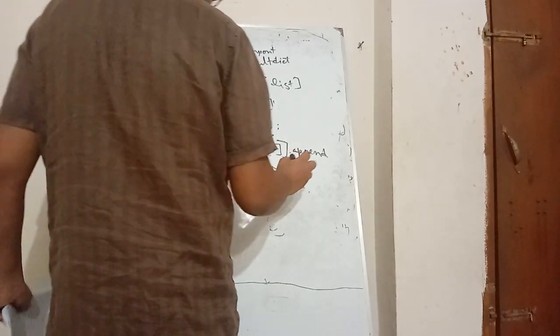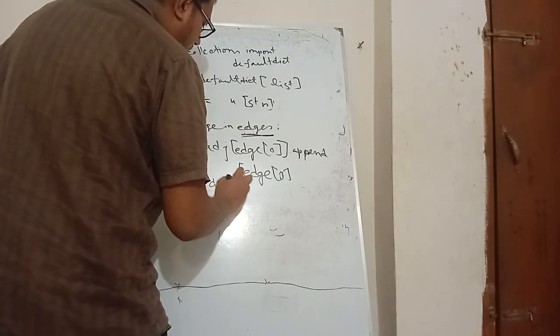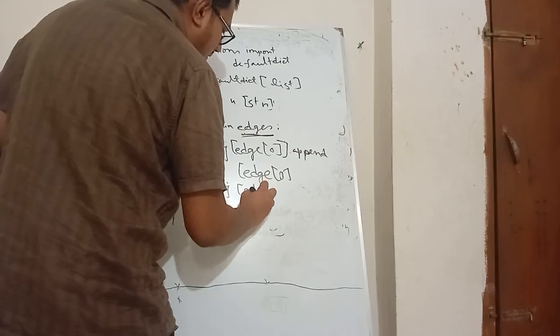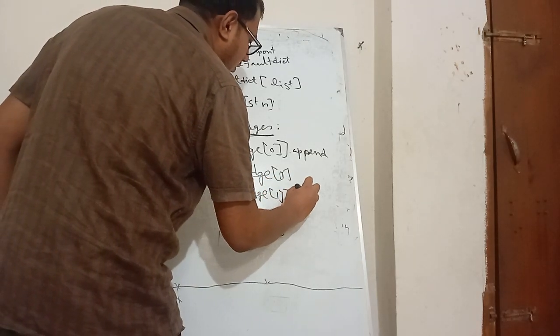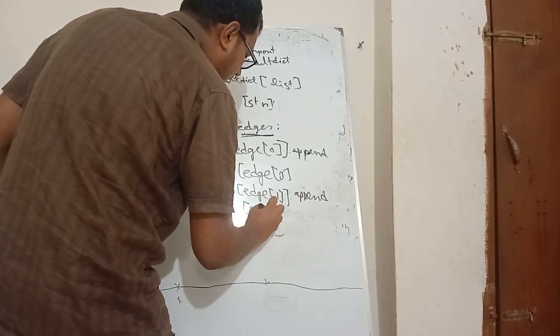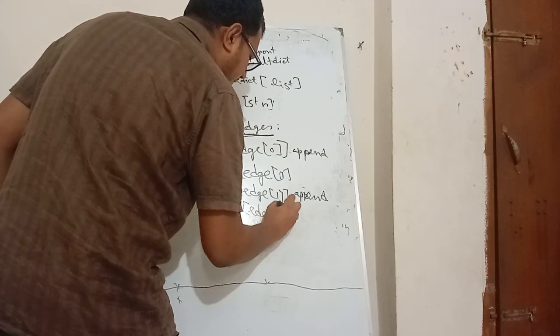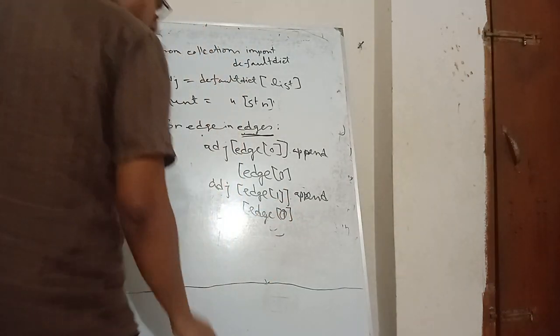And we assume this is an undirected graph, so neighbors in both ways. We have built the adjacency list.